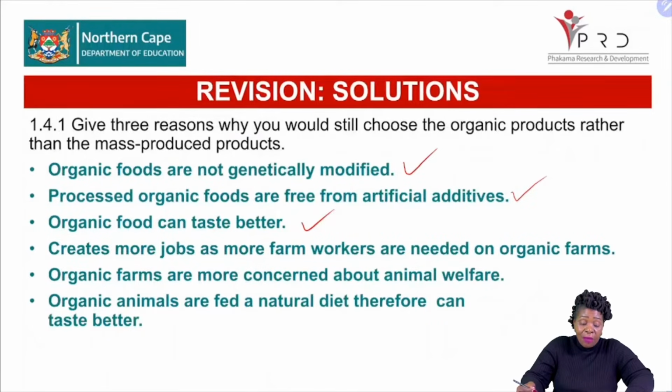Also, organic farming creates more jobs as more farm workers are needed on the organic farms. Also, organic farms are more concerned about the welfare of the animals. Also, organic animals are fed a natural diet, therefore can taste better. Right. So that's why we would choose organic products rather than the mass-produced products.